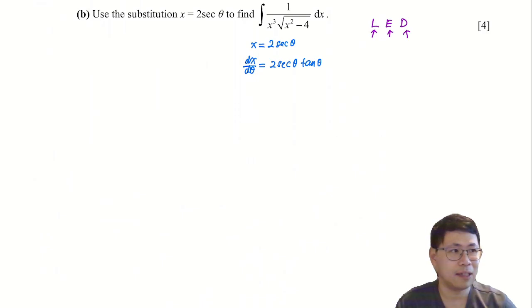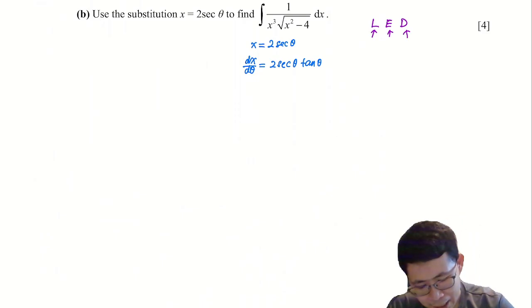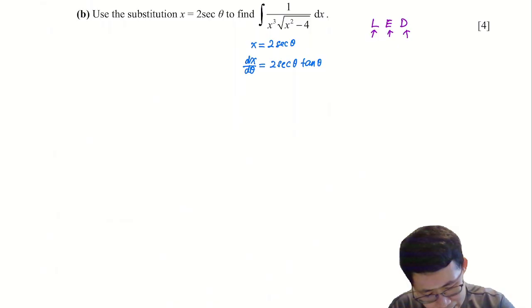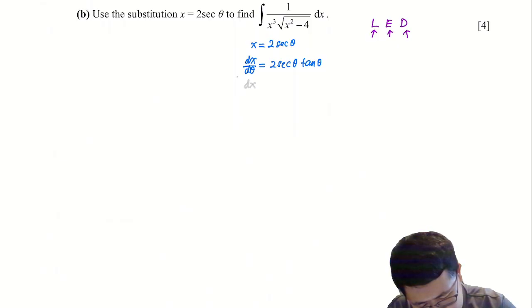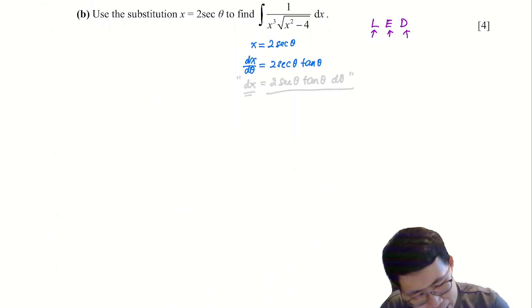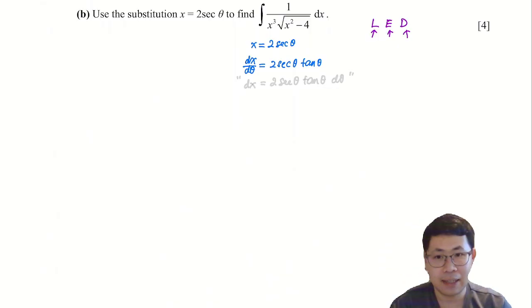Okay, so this one is the official thing to do. Then the unofficial thing to do next would be to rewrite into something like this: 2 secant theta tangent theta d theta. So dx would be replaced with all of these things over here, okay, illegally.